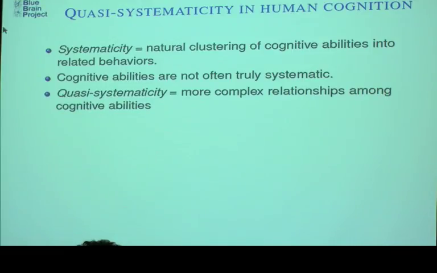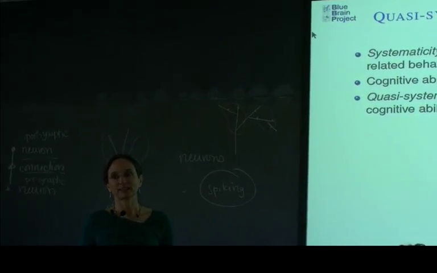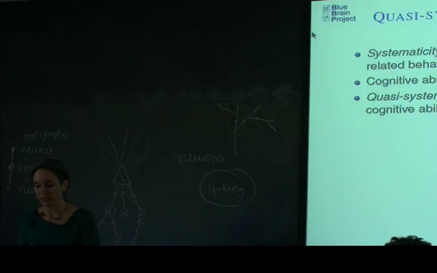And then they point out that cognitive abilities are often not truly systematic in that sense, that there can be additional criteria. The other example that they give is thinking about the notion of offspring. You can say that a colt is the offspring of a stallion, or a filly is the offspring of a stallion, but it's certainly not going to be that a heifer is the offspring of a stallion or something like this.